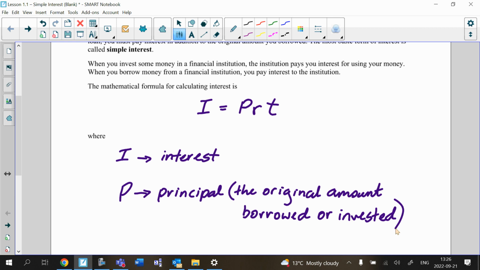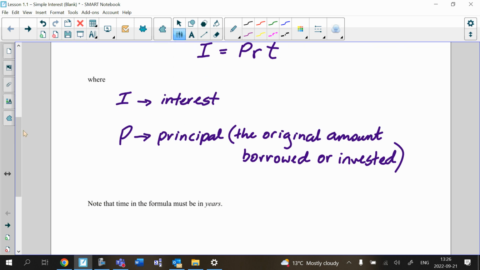R represents the rate of interest. You'll be told the rate of interest as a percent, but when you calculate using interest, you've got to change percent to decimal. And it's pretty straightforward. So R is the rate of interest as a decimal. We'll do that after we do a couple of examples.